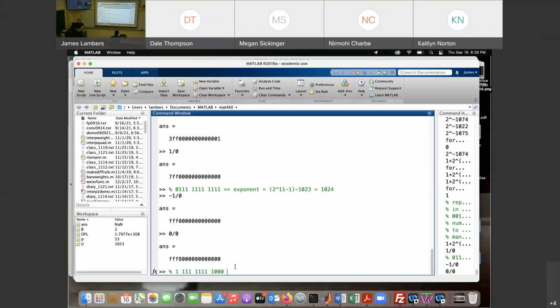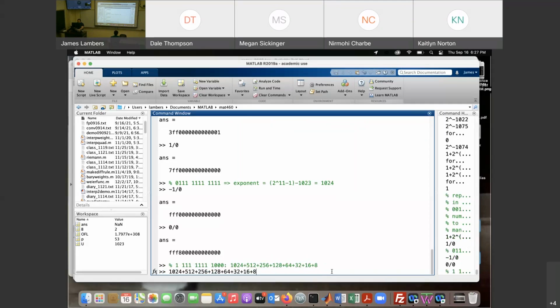So we have 1024 plus 12. So all these 8 digits. That's interesting. So I worked out that number.